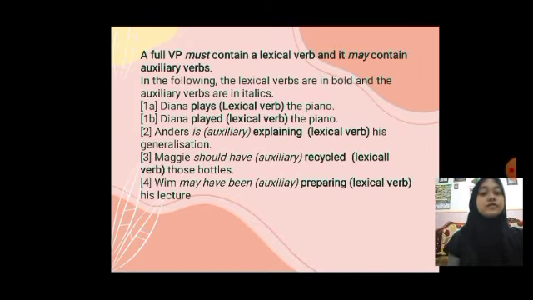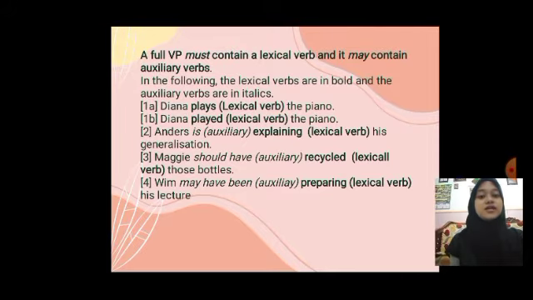A full verb phrase must contain a lexical verb and it may contain auxiliary verbs. In the following, the lexical verbs are in bold and the auxiliary verbs are in italic. Number 1a, Diana plays the piano. Plays is a lexical verb. Number 1b, Diana played the piano. Played is a lexical verb.